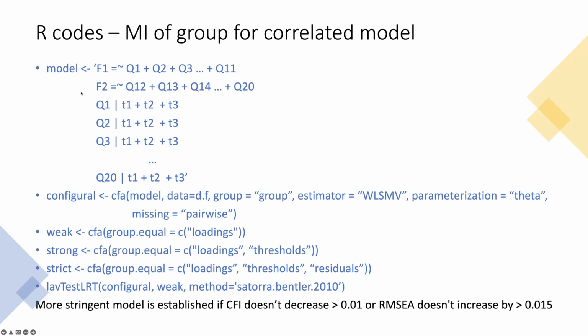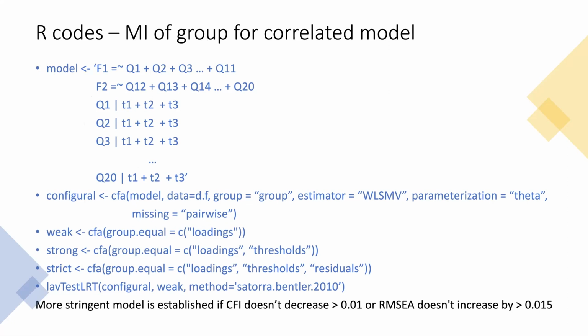So this is exactly the same as I did in the CFA earlier. And then first you want to fit configural. So again, it's cfa, you put the model in here, then the data frame. For me, if we're doing the MI of group using the correlated model, I have a variable called group.